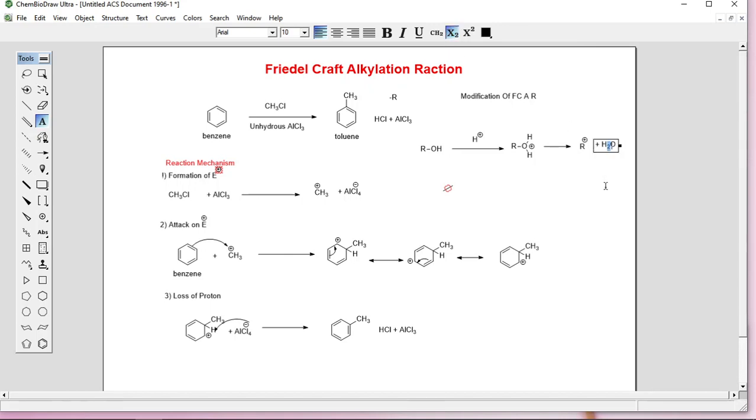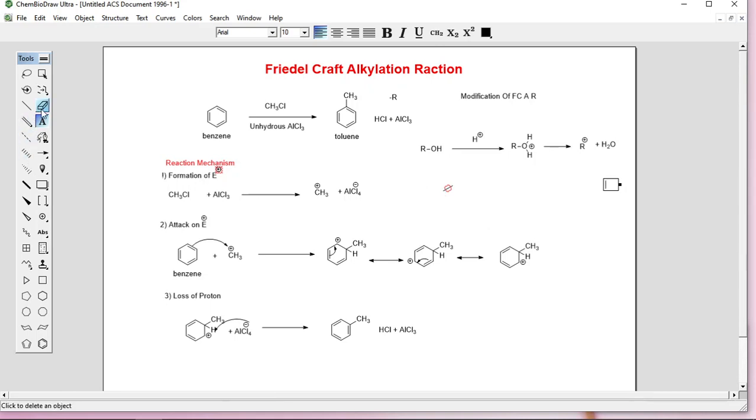So in this way, instead of this CH3Cl, you can use any alcohol, and this is the modification of Friedel-Crafts alkylation reaction. Instead of alkyl halide, you can use alcohol for the alkylation reaction in presence of acid.